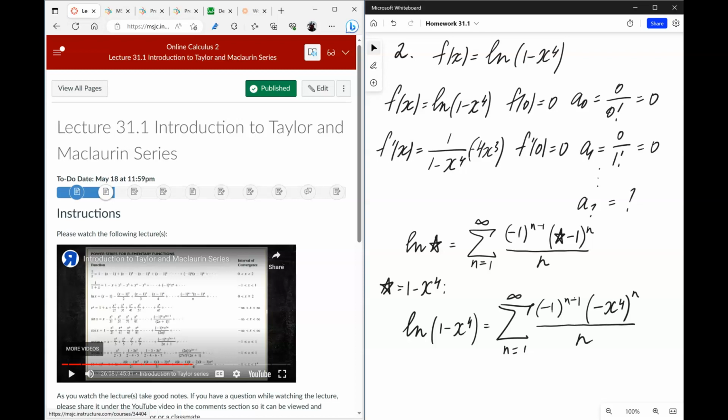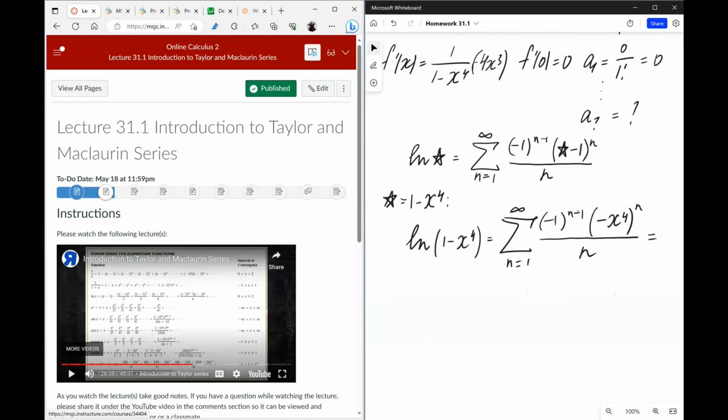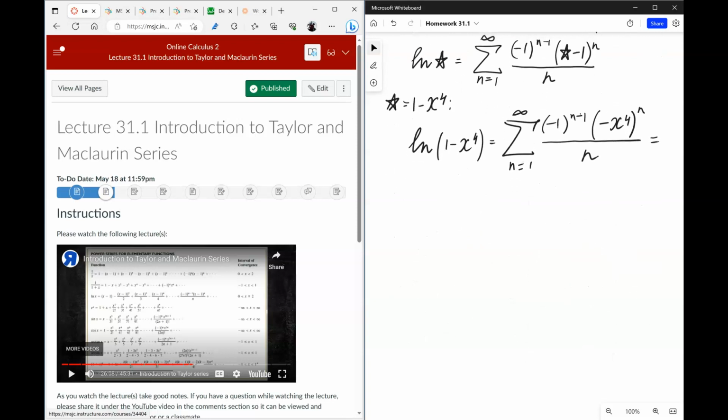And this can be further simplified. We can take out the negative and combine the negative ones all together like this.